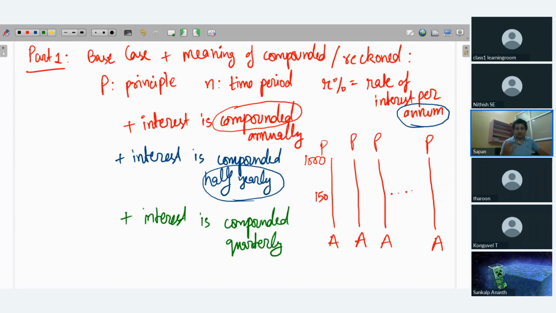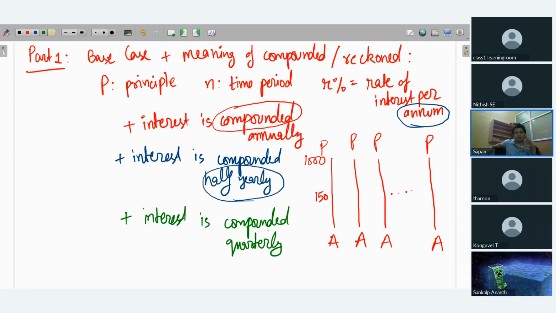So every 3 months, you will receive interest in your account, one-fourth of the interest of the entire year. That is correct. So if the compound interest is 150 rupees, every quarter of the year you'll get 30 rupees, 30 rupees, 30 rupees, 30 rupees.